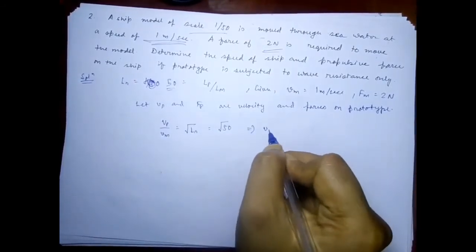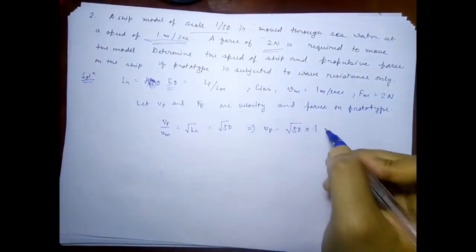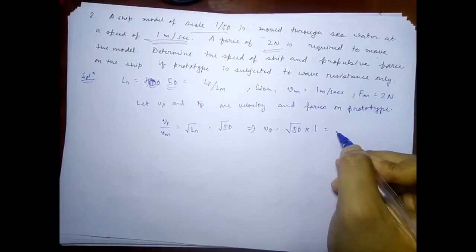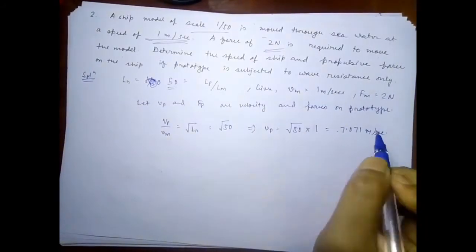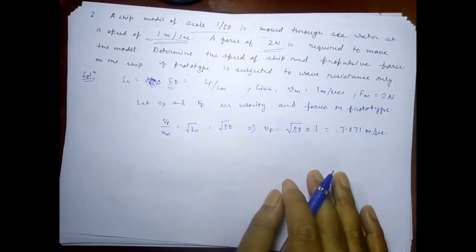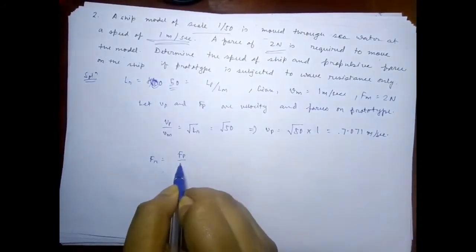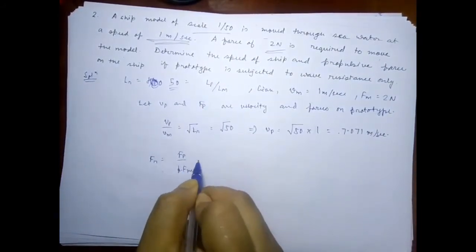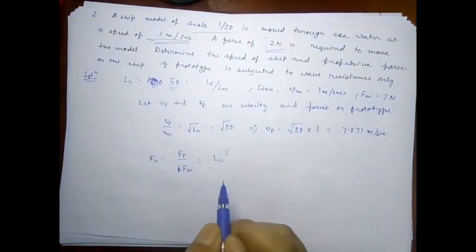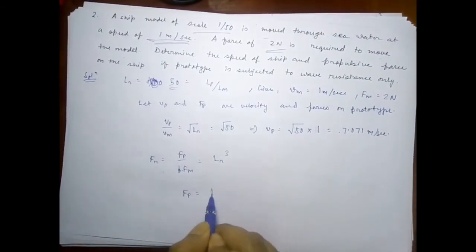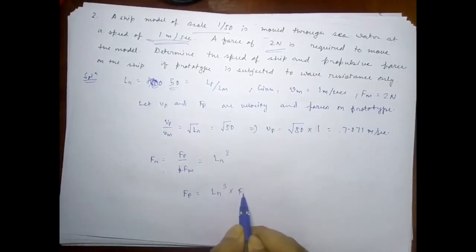Therefore VP is equal to square root of 50 times 1, VM is 1, and it is equal to 7.071 meter per second. So we have the velocity of prototype as 7.071 meter per second. Similarly, FR is equal to FP by FM, and it is actually equal to LR to the power 3, and FP is equal to LR to the power 3 times FM.